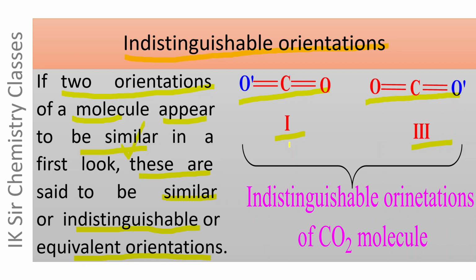In orientation 1, O dash atom is present on the left hand side, while in orientation 3, O dash atom is present on the right hand side. These two are not identical orientations. These are equivalent or similar or indistinguishable orientations of CO2 molecule.